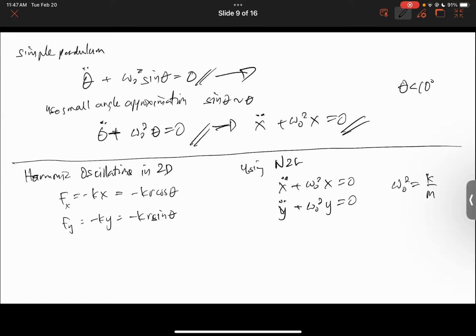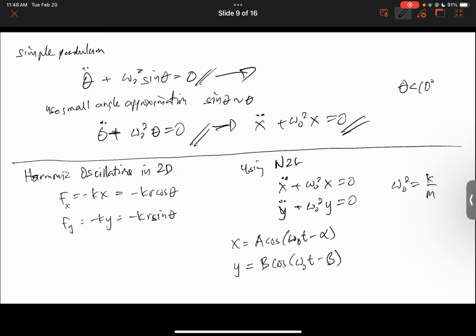Now we have two solutions here. So x is equal to a cosine omega naught t minus alpha, and then y is equal to b cosine omega naught t minus beta. Of course, alpha and beta will be different for both of them.